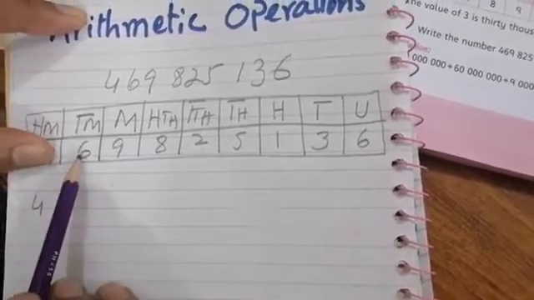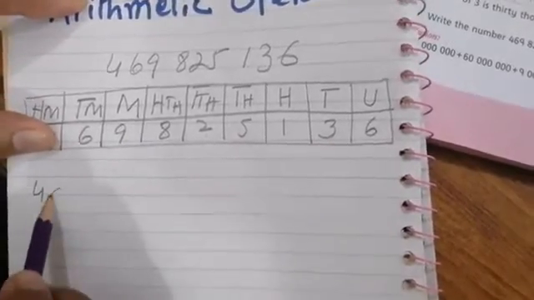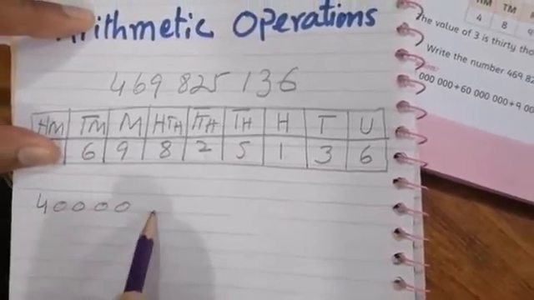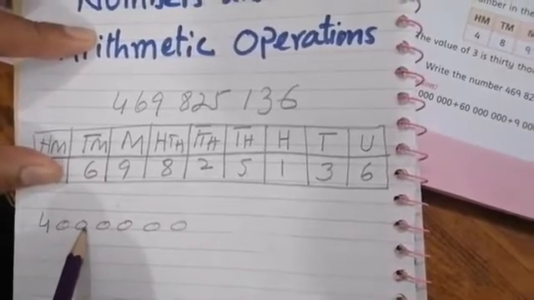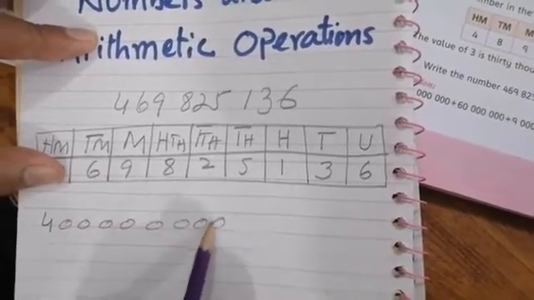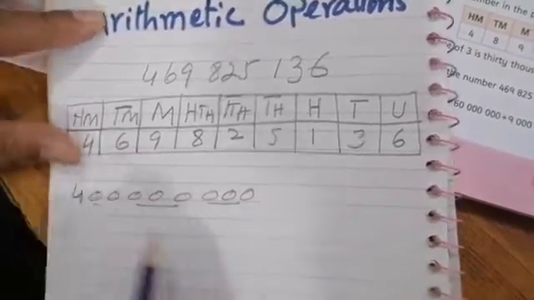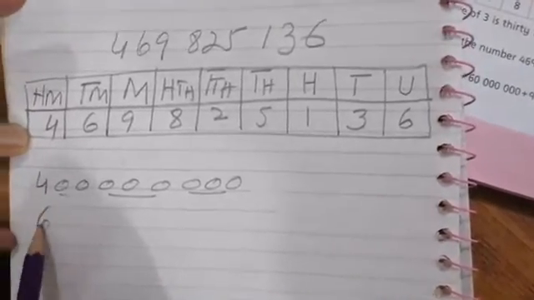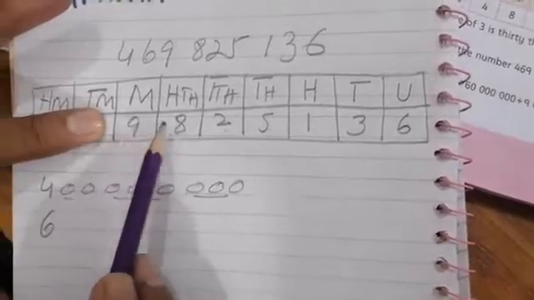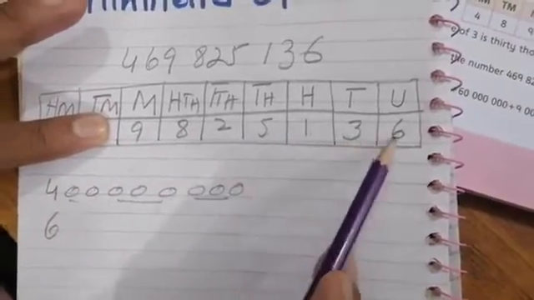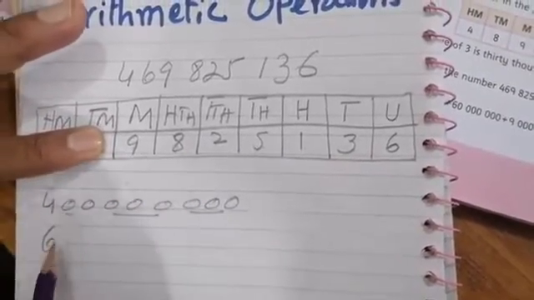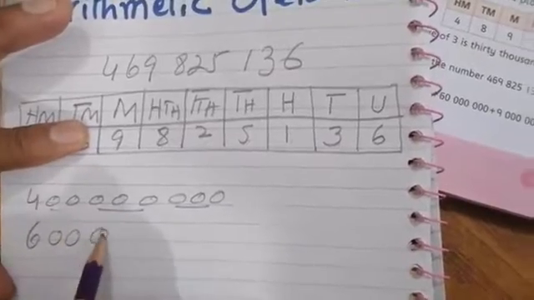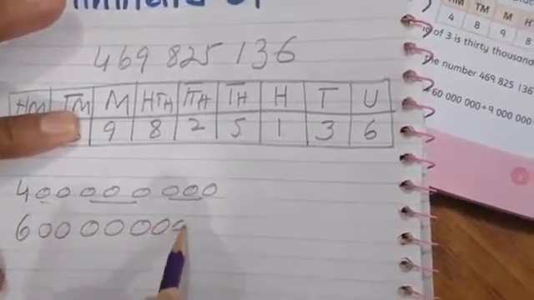If you take 4 and the rest of the columns are 8, so you write 8 zeros with the 4. So 4 is written separately. Then you have to write 6. Now after 6, how many columns? 1, 2, 3, 4, 5, 6, 7. You will write 7 zeros with this, right?